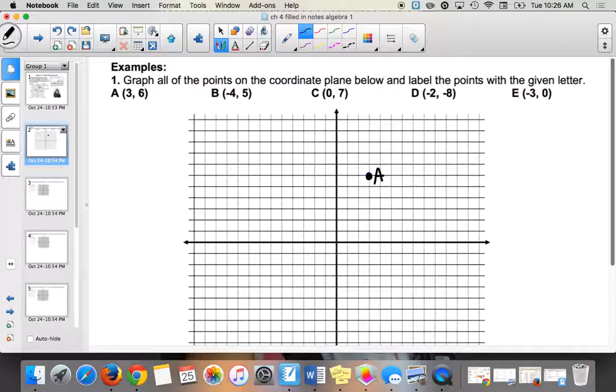Then B is negative 4, 5. We go over negative 4, 1, 2, 3, 4, up 1, 2, 3, 4, 5, and that's B. C is 0, 7. So I go over 0 and I go up 7, 1, 2, 3, 4, 5, 6, 7, and that's C.